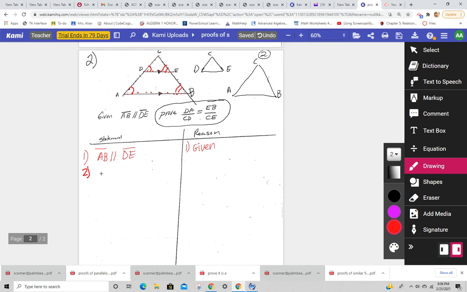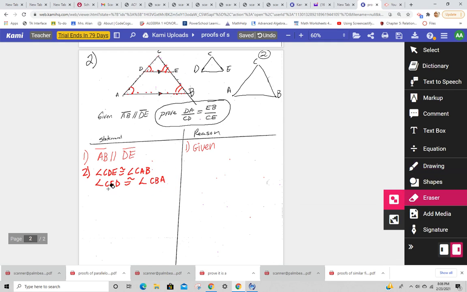So we can say that angle CDE is congruent to angle CAB. Also, angle CED is congruent to angle CBA.